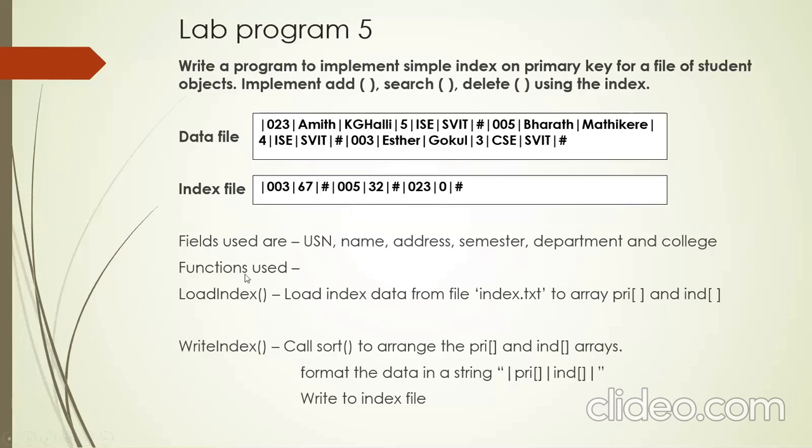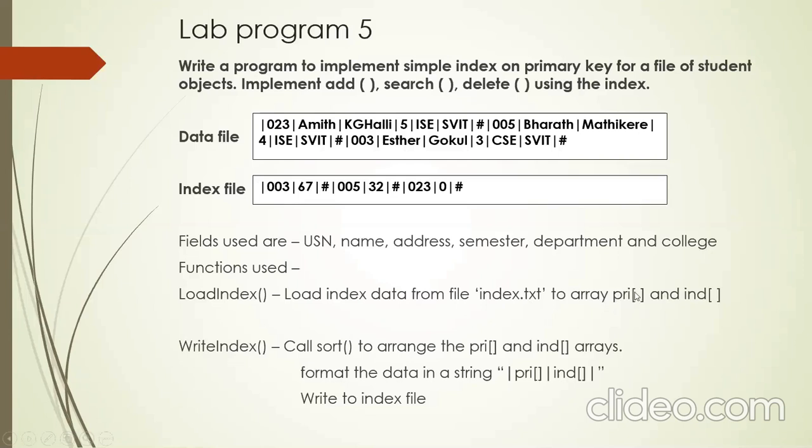That is, in the main function itself, I'll call the load index function. What the load index function does is load the index.txt file. That is, this whole file content is read line by line. It is read and copied to the primary key array and index array, the PRI array and IND array.